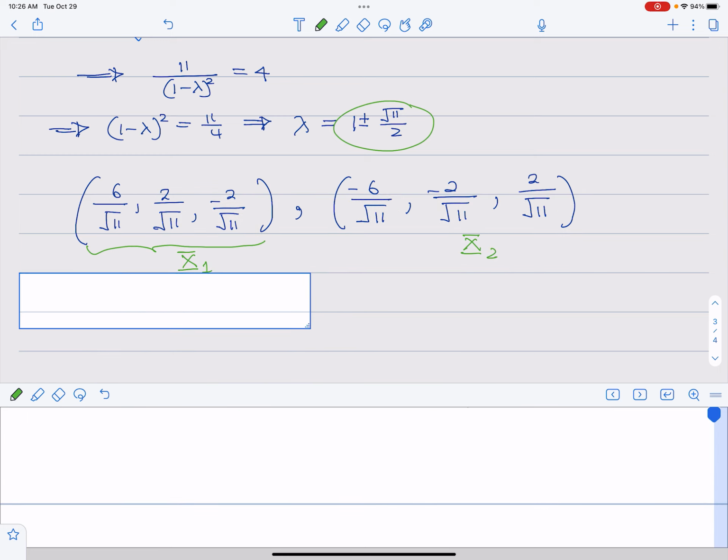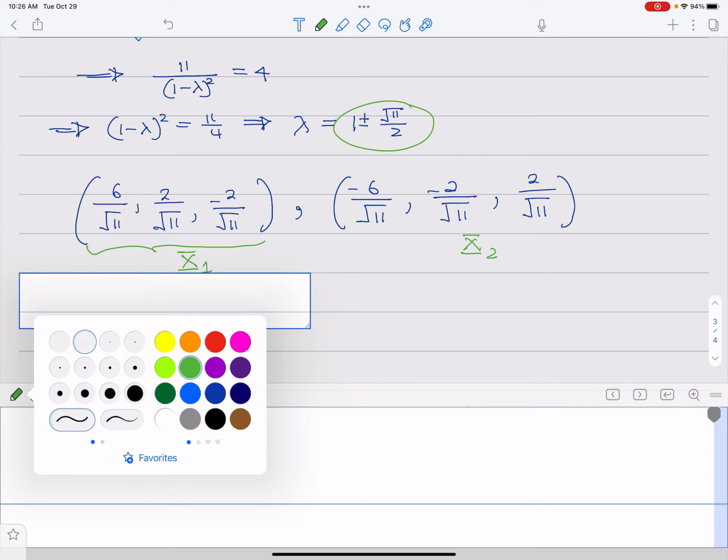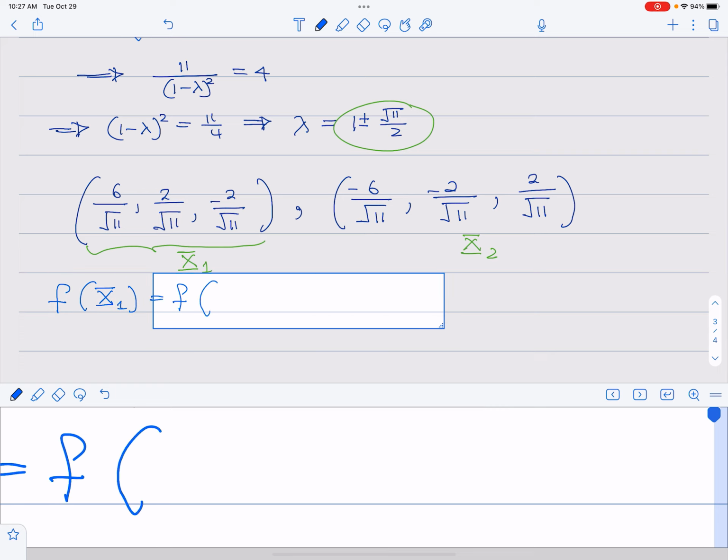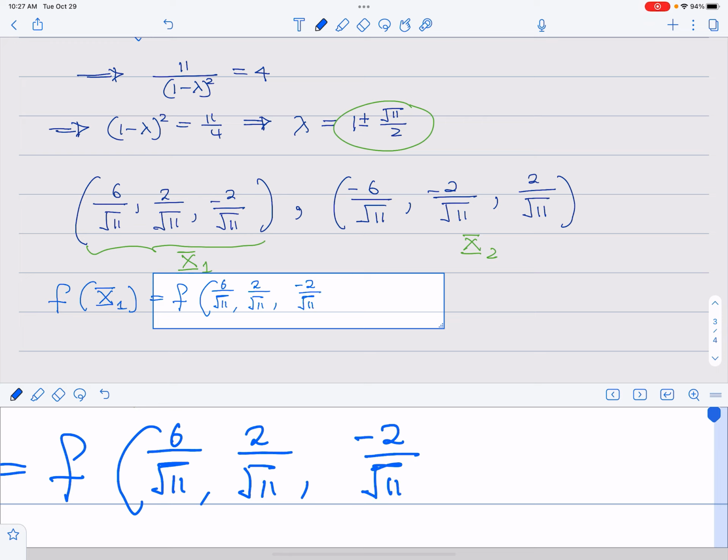All you have to do is plug these values into f. In other words, this is f of 6 over root 11, 2 over root 11, and negative 2 over root 11.